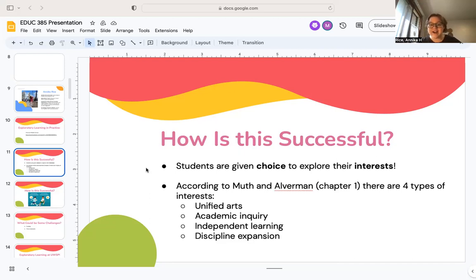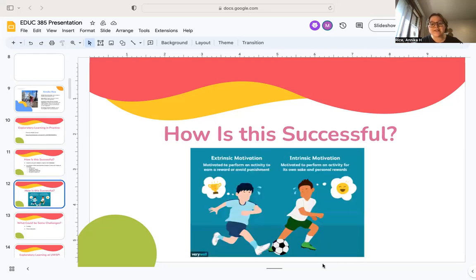And kind of moving on to my next point. Another reason why this was successful was because it focuses more on intrinsic motivation.